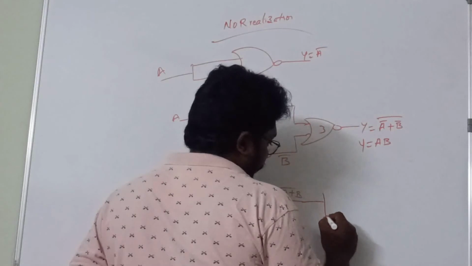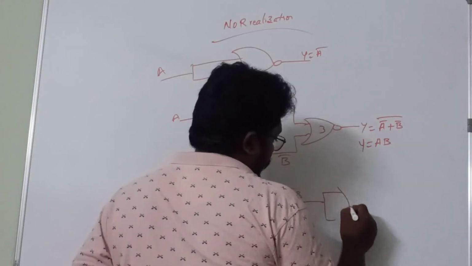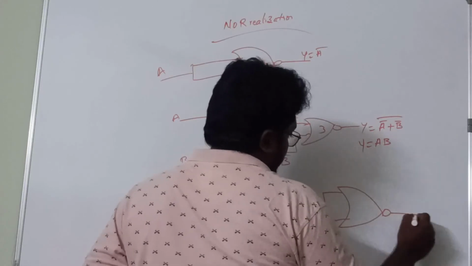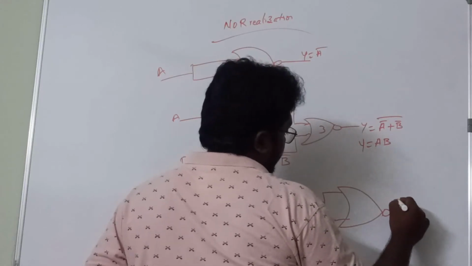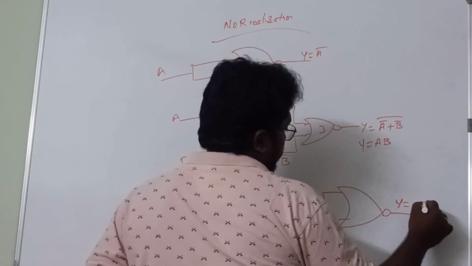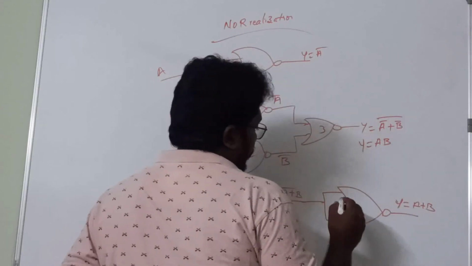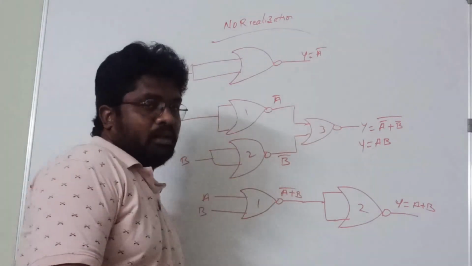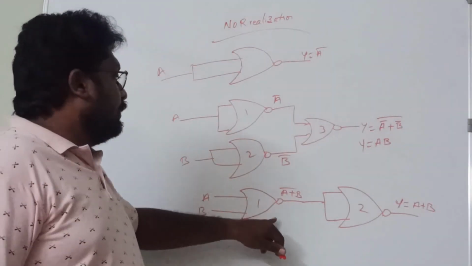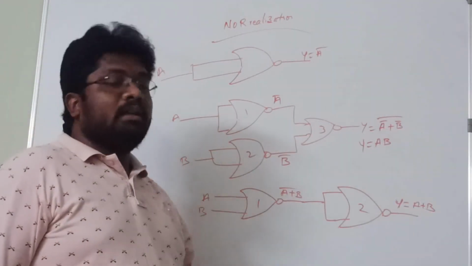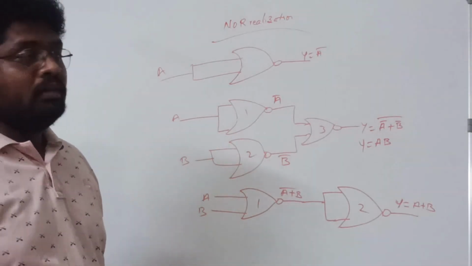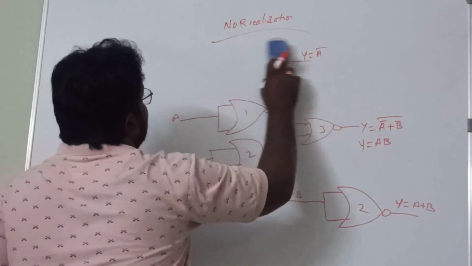Here I require two NOR gates to implement an OR gate. This is the first NOR gate and this is the second NOR gate, to get Y is equal to A or B.